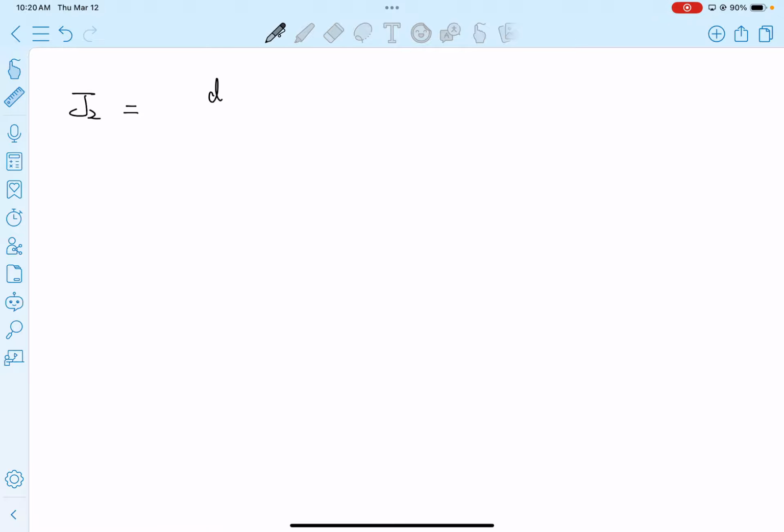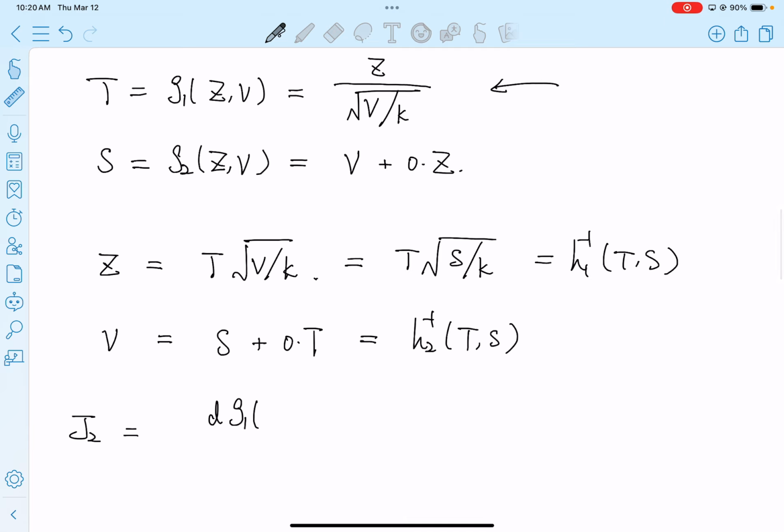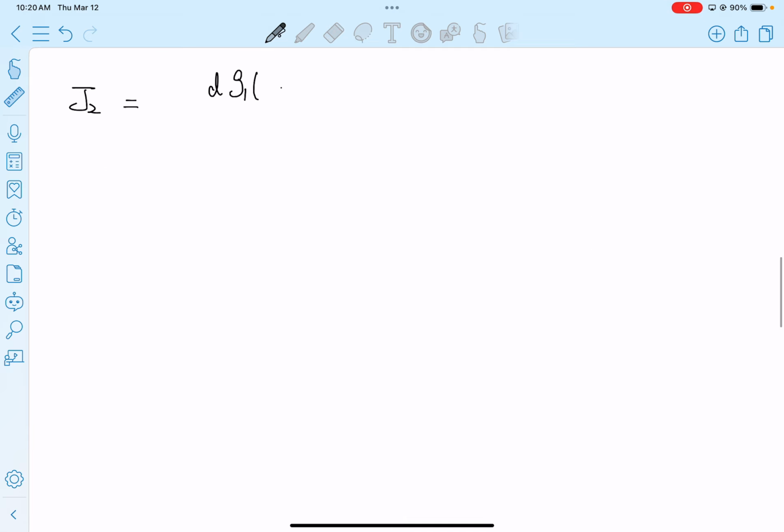it is the function where you take the derivative of the g, your transformation, with respect to the original random variables. Okay, so here we have g1 of z and v with respect to z.